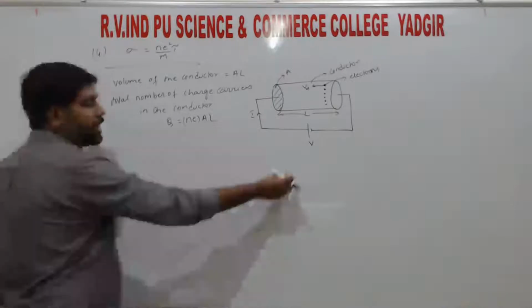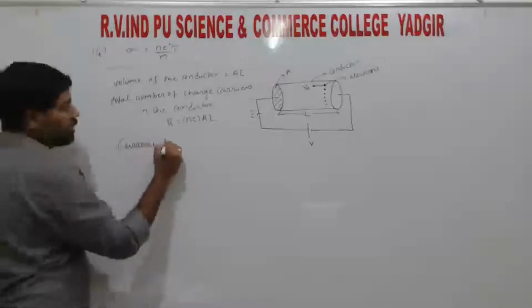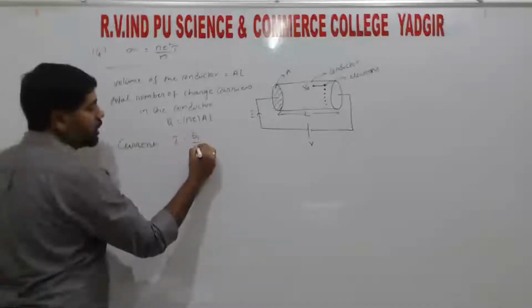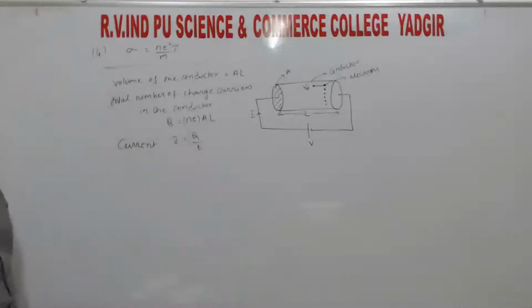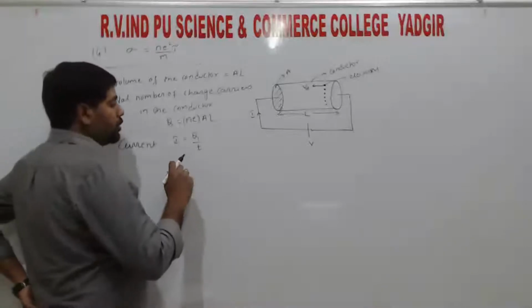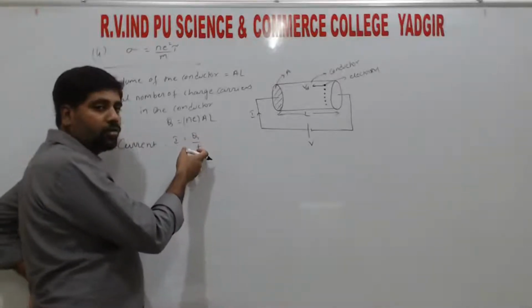So when we connect it to the external potential, current I is equal to Q divided by T, where T is the relaxation time, right? Number of charges flowing per unit time.